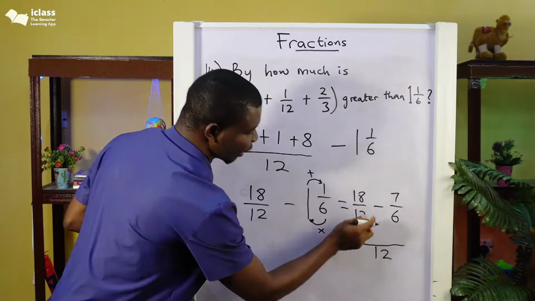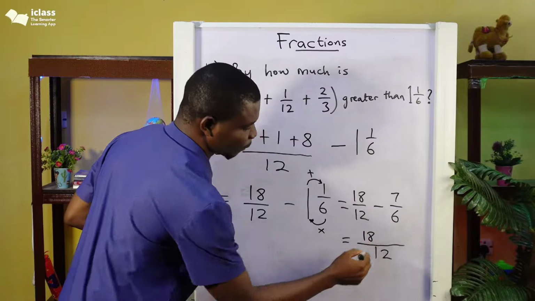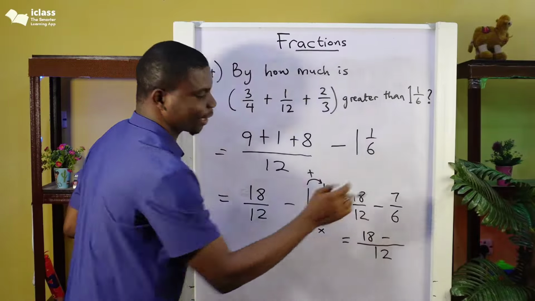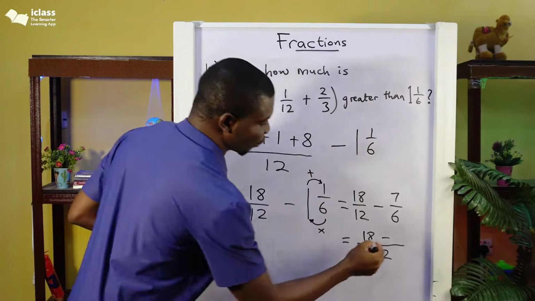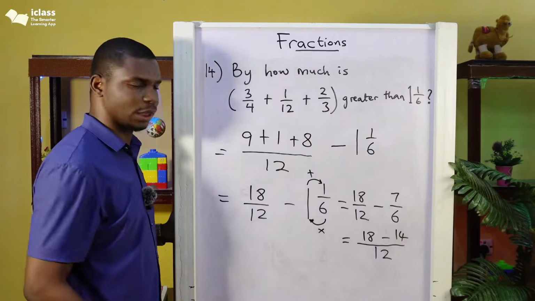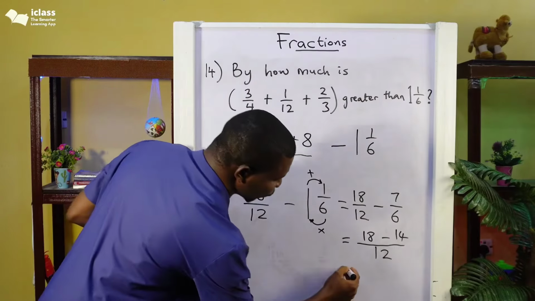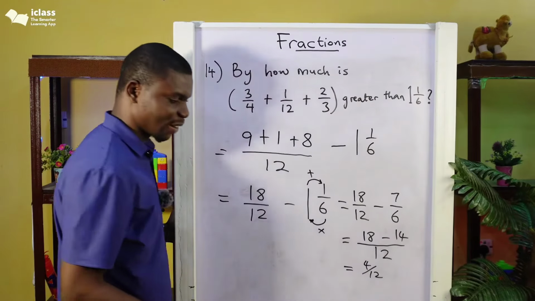We say 12 divided by 12 is 1, times 18 is 18. Minus 12 divided by 6 is 2, times 7 is 14. So 18 minus 14 is what? Is 4. 4 over 12 is our answer.